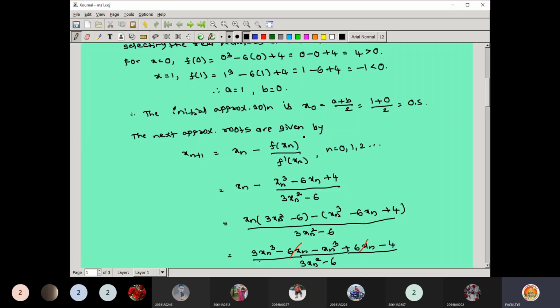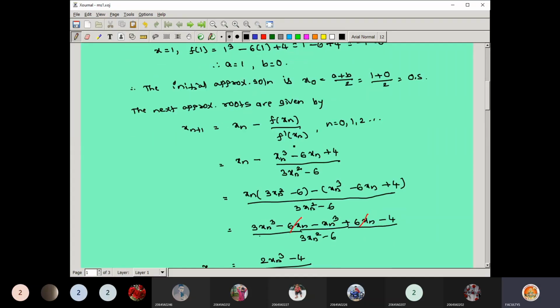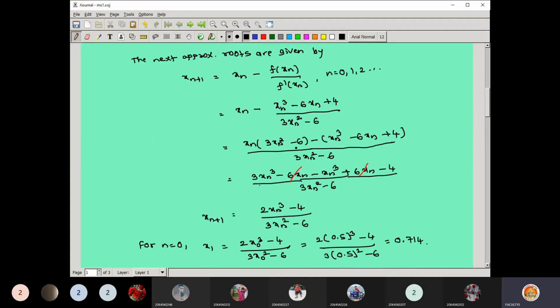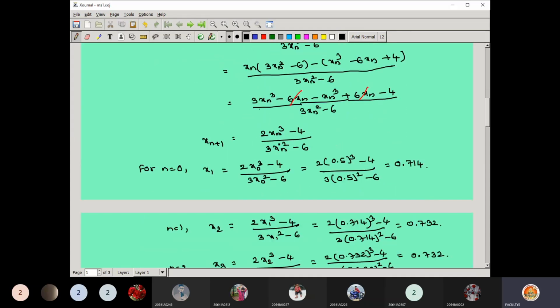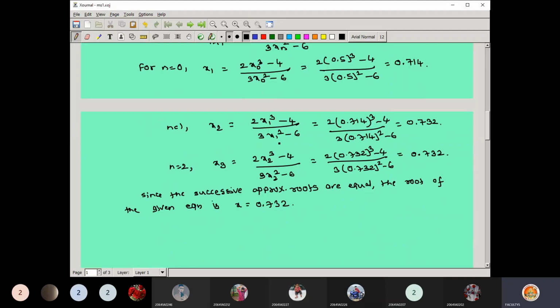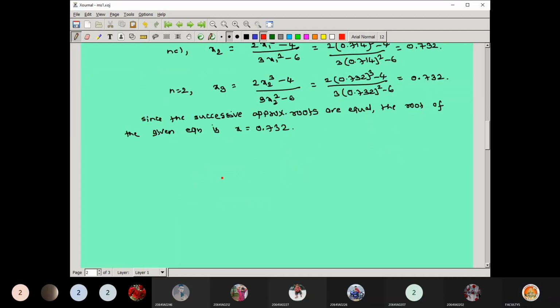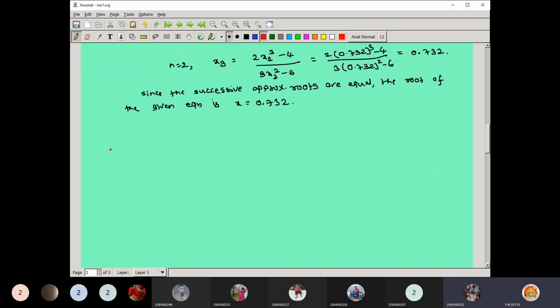So f of xn is nothing but in your f of x only x is replaced by xn. F dash of xn means find out first f dash, the derivative of your given expression, and x is replaced by xn, and then do the simplification. On that simplification you substitute n equal to 0, 1, 2 and so on, and you can repeat the process till you get successive roots that are equal. Is it clear now? Clear, sir. Shall I go to the next problem?